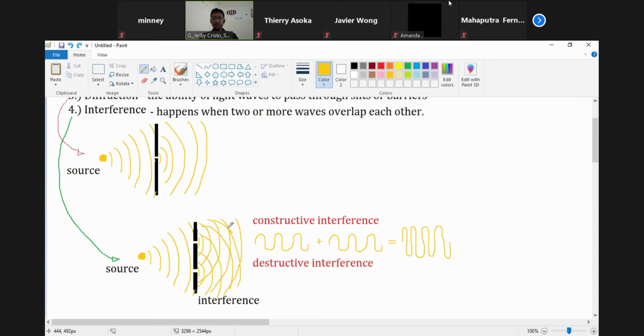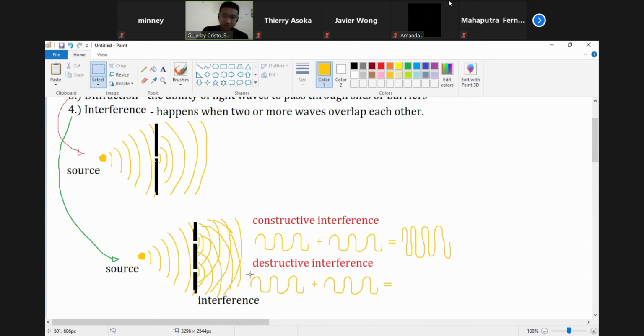So there is some interference here that could be constructive. There's this increase in the energy because the amplitude increases. Okay, now how about in destructive interference? In destructive interference, you still have the same waves with the same frequencies, wavelengths, and amplitude.